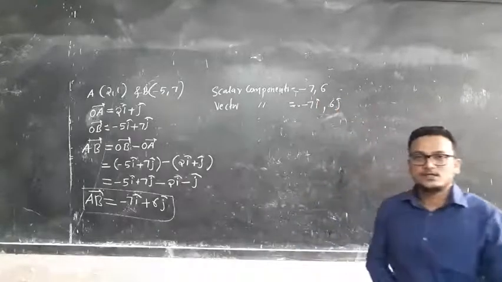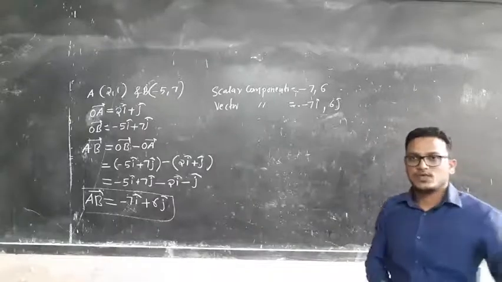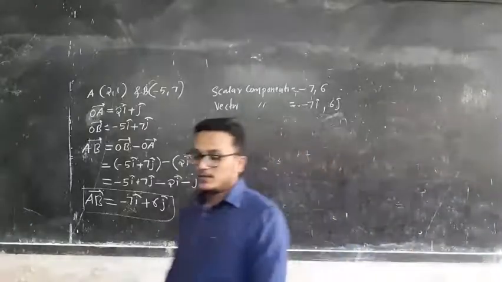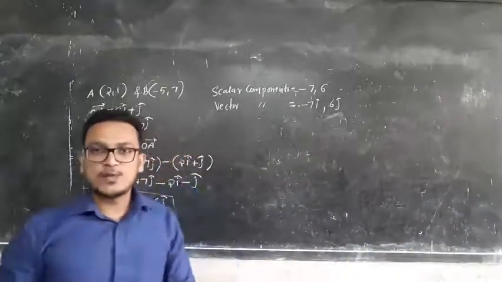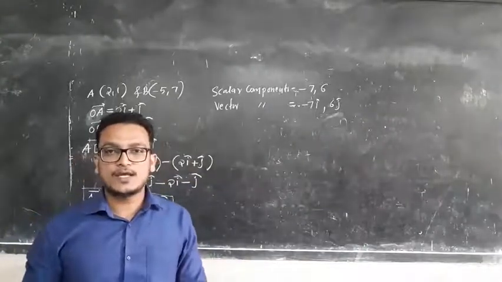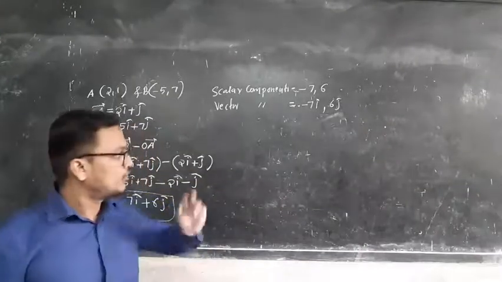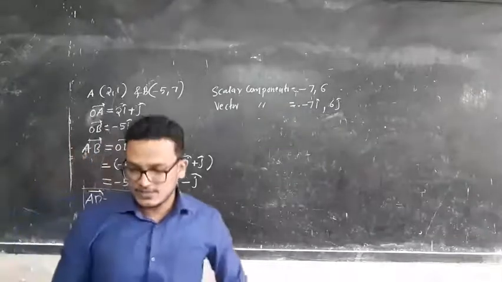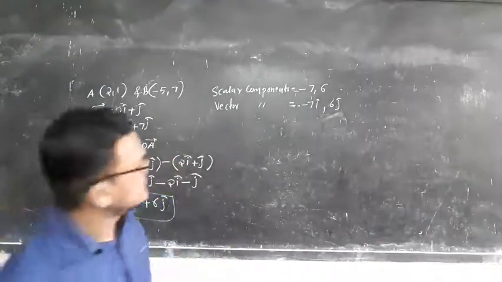These are the vector components. See, this example also they may ask for 1 mark, to write these scalar components and vector components. This question was asked once in the annual exam also. Let us take the next question.